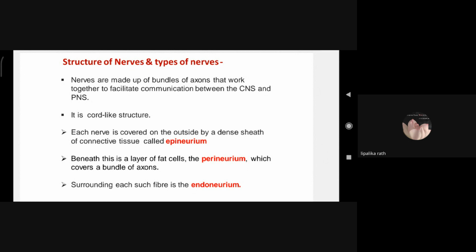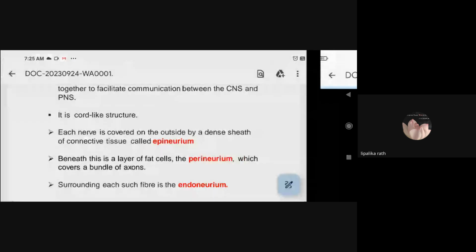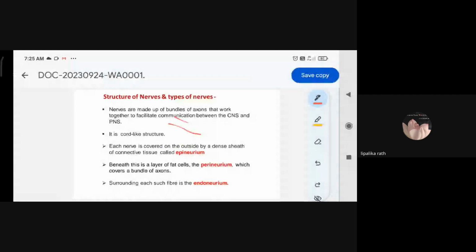The thing is, this is an axon, and the neuron terminals will be these, which could be branched.